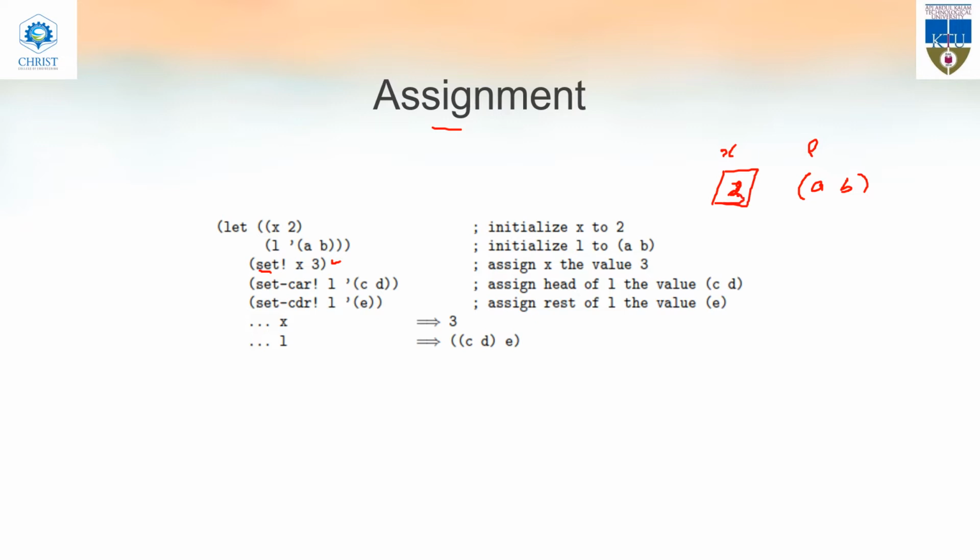So by using set, you are changing the value of a variable. That means you are imparting side effect to Scheme language. Assignment is a feature of Scheme which imparts side effect to the language.